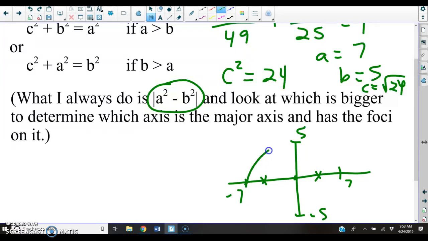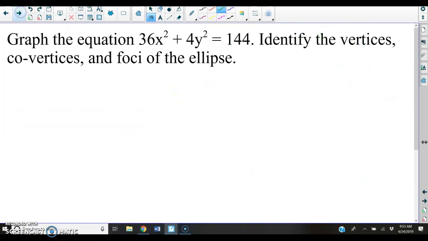And I'm not an artist, I don't pretend to be, but there's my ellipse. So once you know what A, B, and C are telling you, it's quick to sketch these. Okay. So here we're going to graph this equation. Well, again, it doesn't equal 1, so I'm going to divide out the 144.